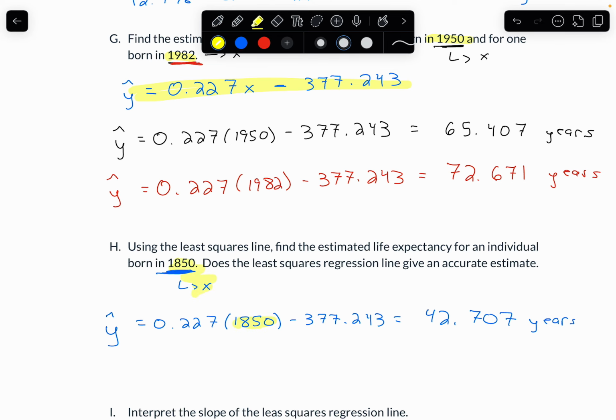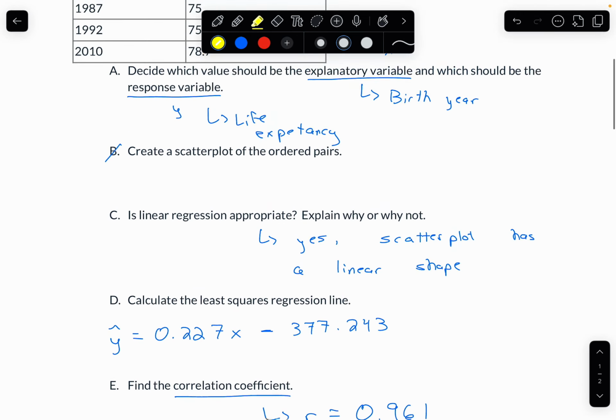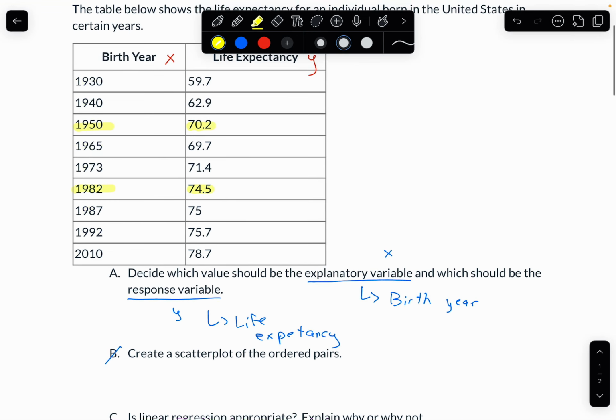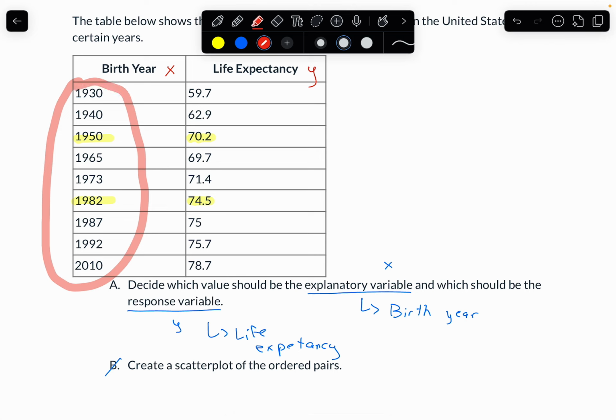The reason for that is I can look at this X value that I have. It's 1850. I'm going to scroll back up and look at the data values that we used to create this. If I look at the X values that I have right here, the lowest one is 1930, the greatest is 2010. Remember that we want to stay in that range of data values.